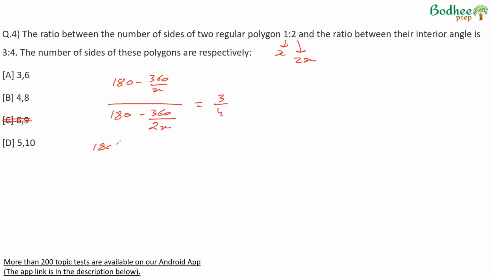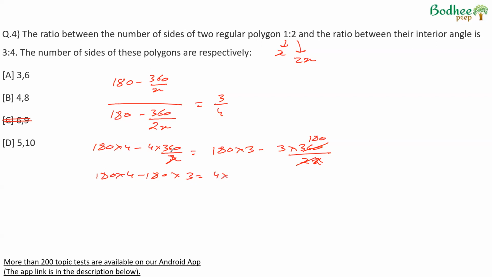Cross multiply: 180 into 4 minus 4 into 360 by x is equal to 180 into 3 minus 3 into 360 by 2x. So we can divide this by 2. And therefore 180 into 4 minus 180 into 3 is equal to 4 into 2 into 180 by x minus 3 into 180 by x.